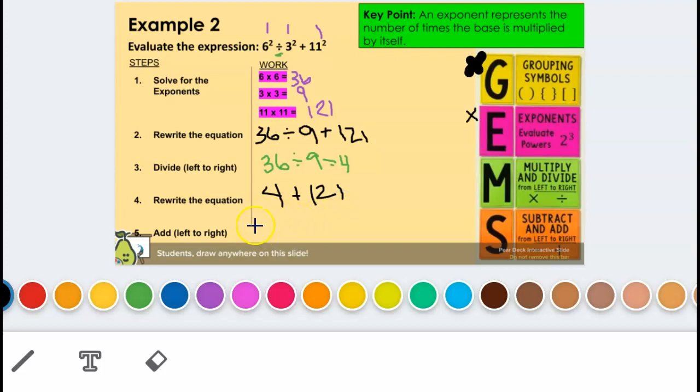And so we're going to add 4 plus 121 because that's all we have left. We finished our multiplication and division, and our next step is to go to addition and subtraction. So 4 plus 121 is 125. And that is our answer.